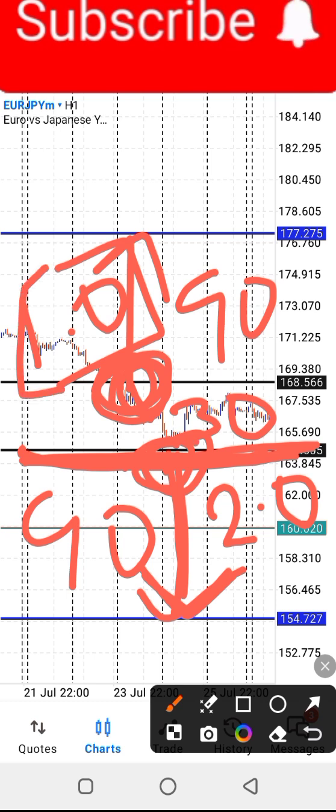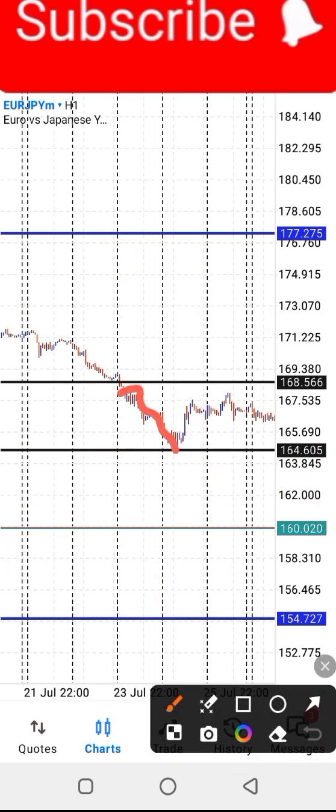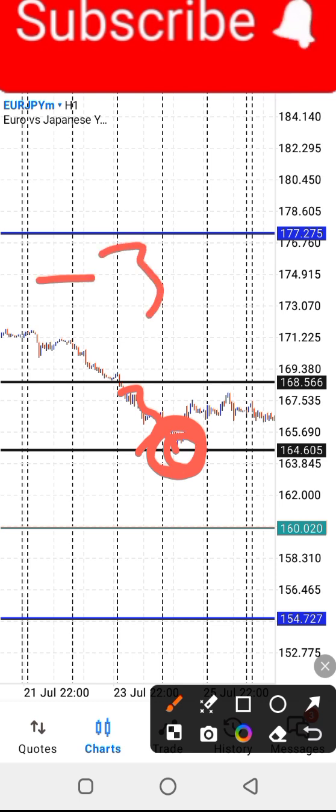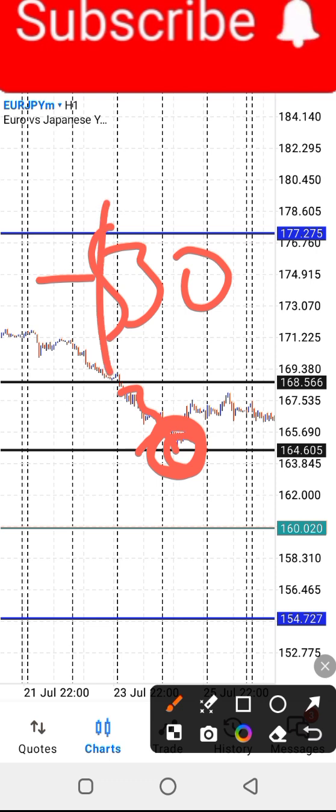So now look at what happened. Price came down from here and triggered your sell trade at this point. For it to have gotten to this bottom part, it means the buy trade will be on minus $30. But your sell trade, which you opened with 2.0, is now running.